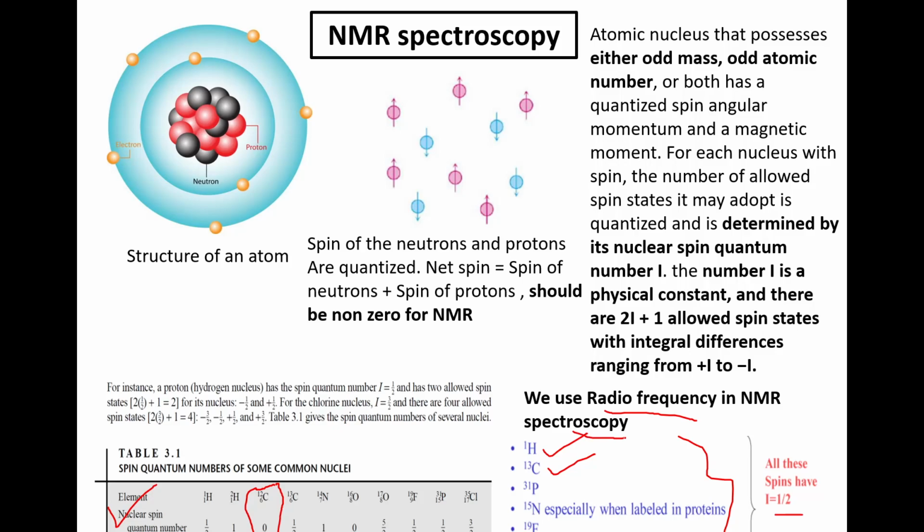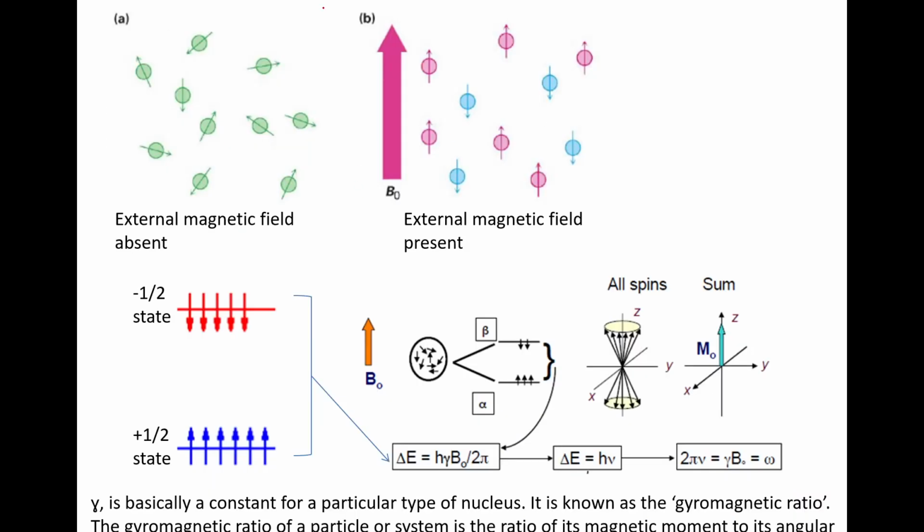Why we are using this radio frequency and what is happening in NMR, we will go into on the next slide. If you have these different nuclei in a space or in some liquid or medium, with no external magnetic field, just these atoms present in a solvent, then since they have these spins, they form dipoles, and these dipoles can orient randomly in any direction.